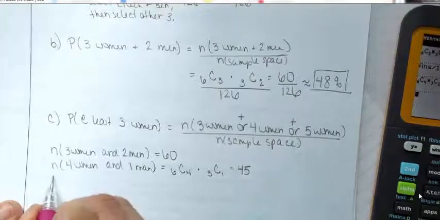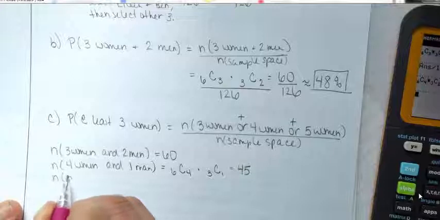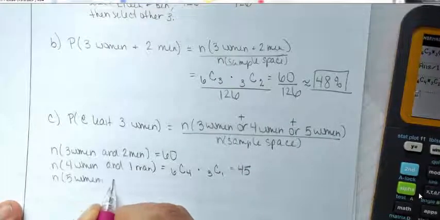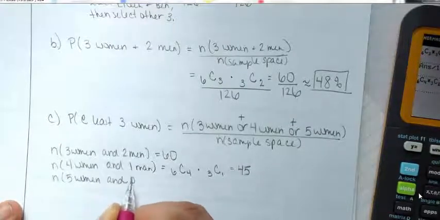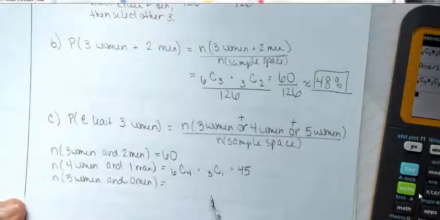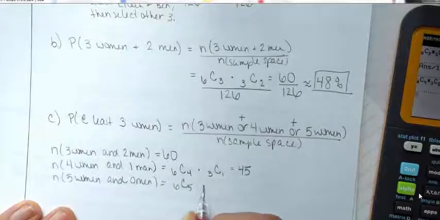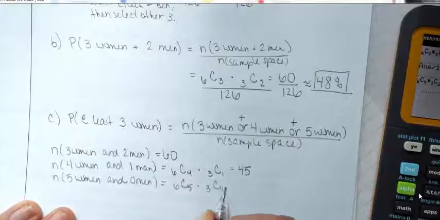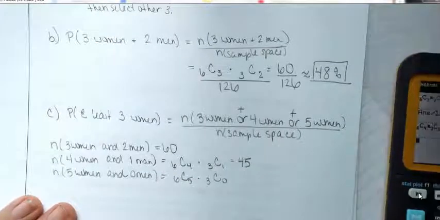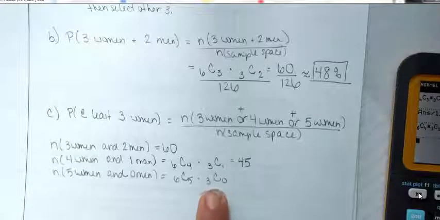And then my last one is if I do 5 women and 0 men. So once again, I'll do the 6 choose 5 and the 3 choose 0. Which really, this just becomes 1 because it's going to be 3 divided by 3.